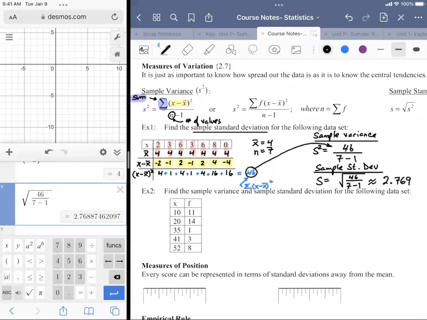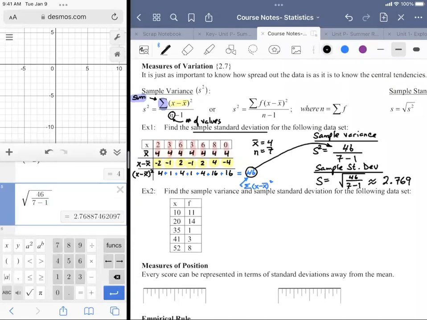Now, what that is, it's a comparative measure. It's a number that tells us, on average, what the spread of the data would be. But we don't really have an idea of what that 2.769 means until we have something to compare it to. A data set that's more spread out or less spread out. All right.